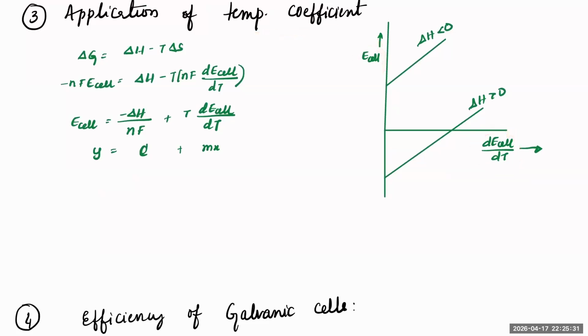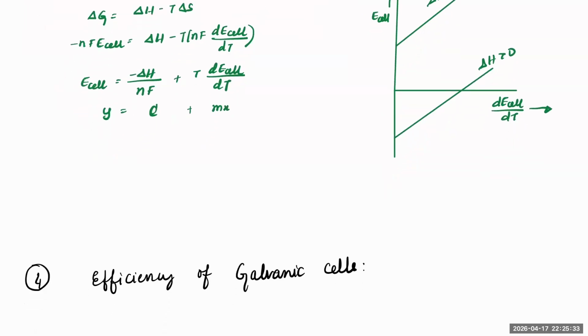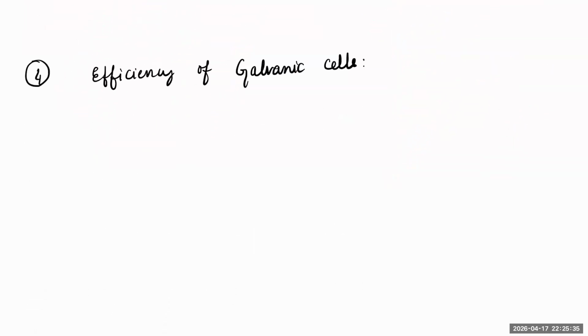Next one is the efficiency of galvanic cells. Just like how we learned in thermodynamics, efficiency eta will be equal to output upon input into 100.